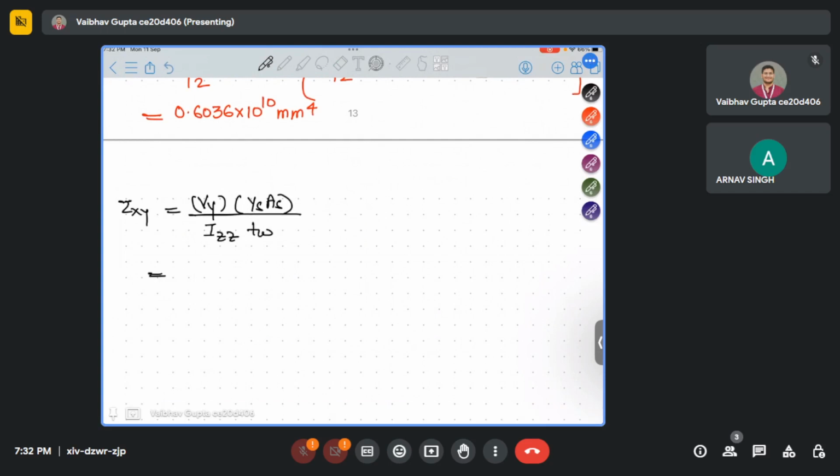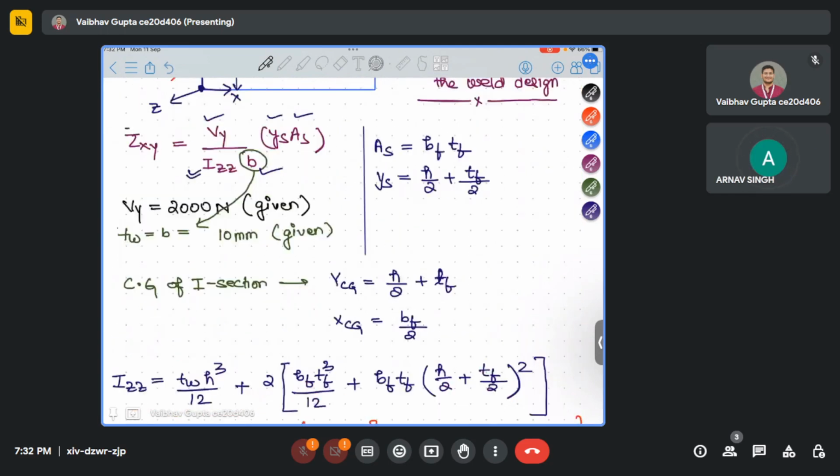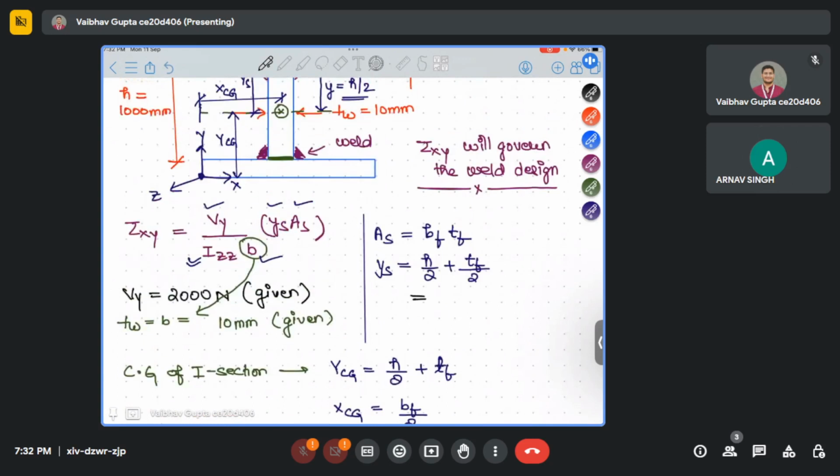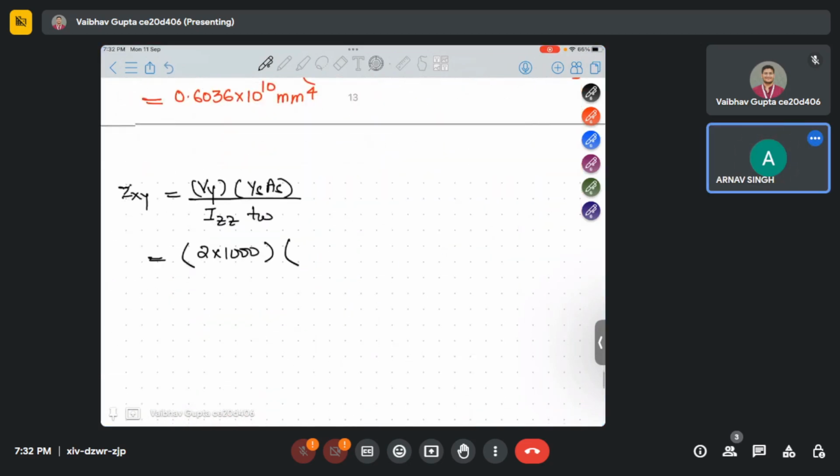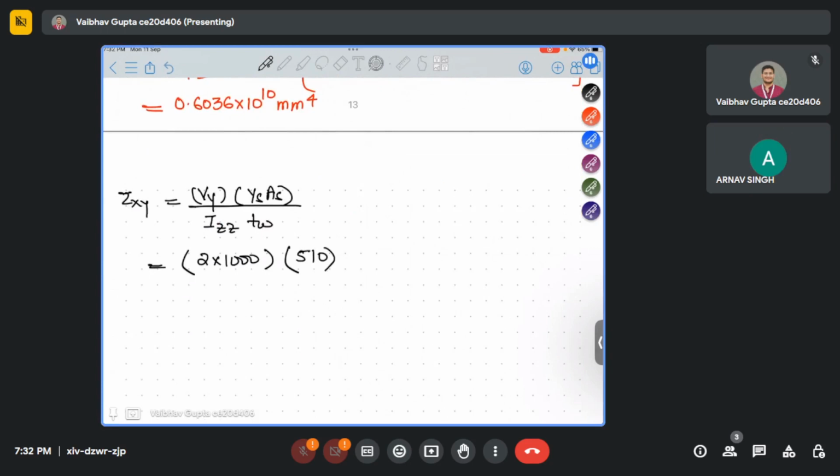V is 2 kilonewton, which is 2 into 1000 Newton. Ys is H by 2 plus TF by 2, which is 500 plus 10, 510 mm. AS is BF into TF, BF is 500, TF is 20.